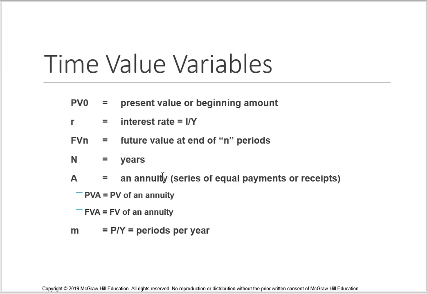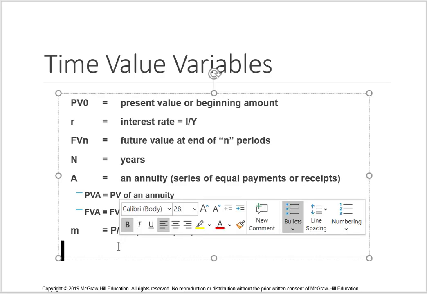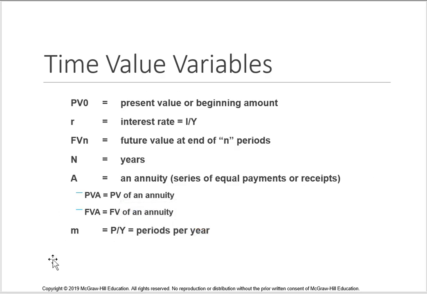A is sometimes referred to as the annuity or the payment. PVA is the present value of an annuity. FVA is the future value of an annuity. PVA could be looked on as a loan question. FVA can be looked at like a retirement question. And finally, we have variable M, and M is also sometimes shown as P divided by Y, which is periods per year.